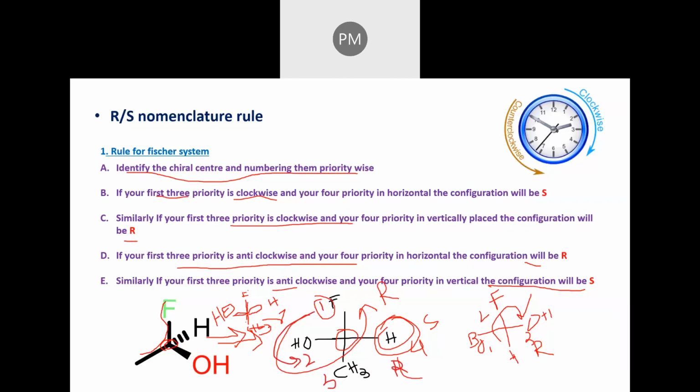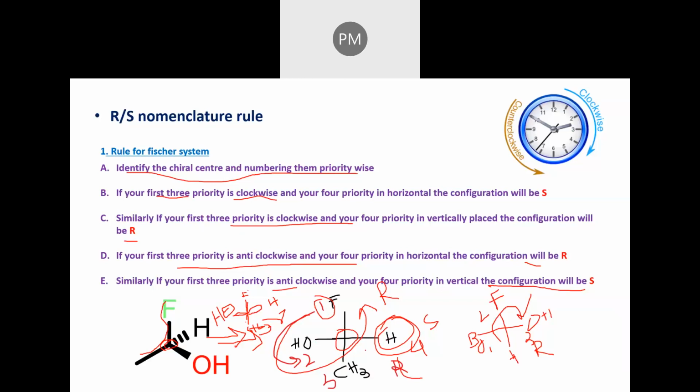Similarly, we can convert this conformation to the Fischer projection, and in the Fischer projection the RS nomenclature is different. So how will the RS configuration look in a Fischer projection? We have to know whether the lowest priority group is in the vertical plane or in the horizontal plane.